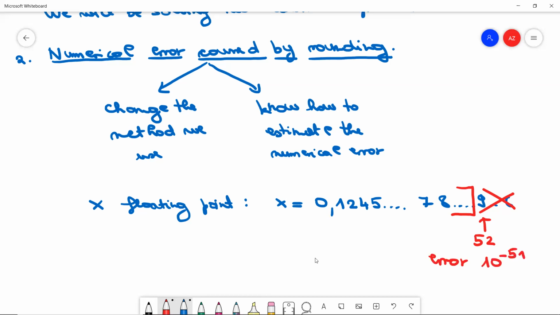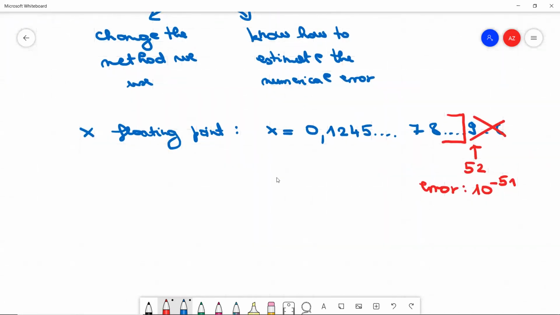It looks like this error is not big. However, when we subtract two numbers which are almost the same, and then do further calculations with them, then the final error could be really big. And there is one nice example.